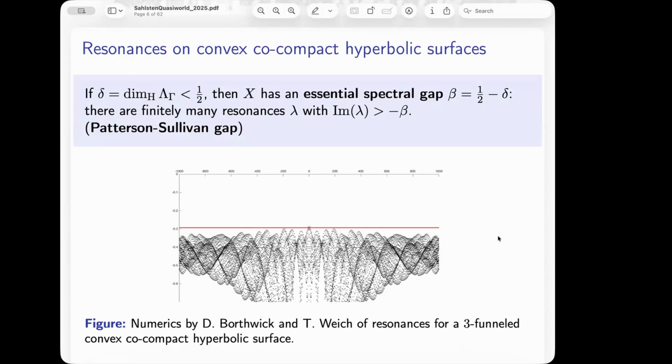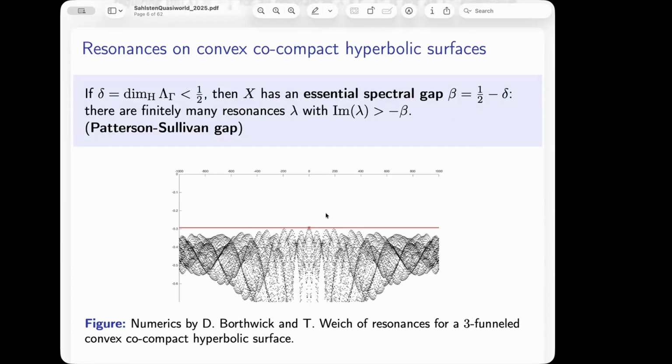And it's interesting that this goes back to the original work. Basically, this can be proved using the trace formula, by applying the trace to the scattering matrix. You can prove that if the Hausdorff dimension of the limit set is less than 1/2, sometimes called the pressure condition in the literature, then X has an essential spectral gap.